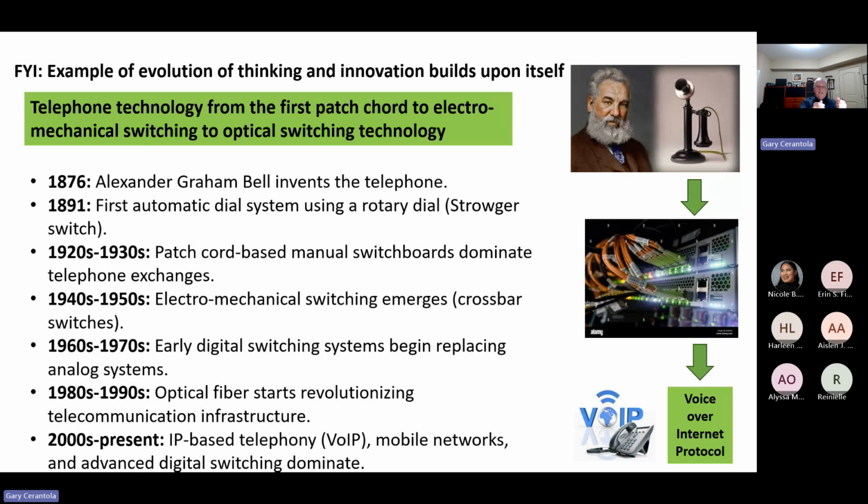So now you had actuators that did the connecting, all right? And then they built on that knowledge and went to what we call early digital switching systems, where they started replacing the old mechanical, or what we call analog, and really got into the computer side of making things happen.